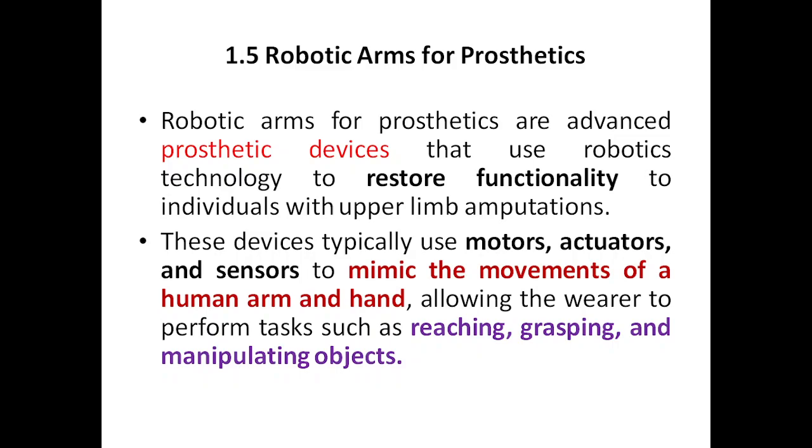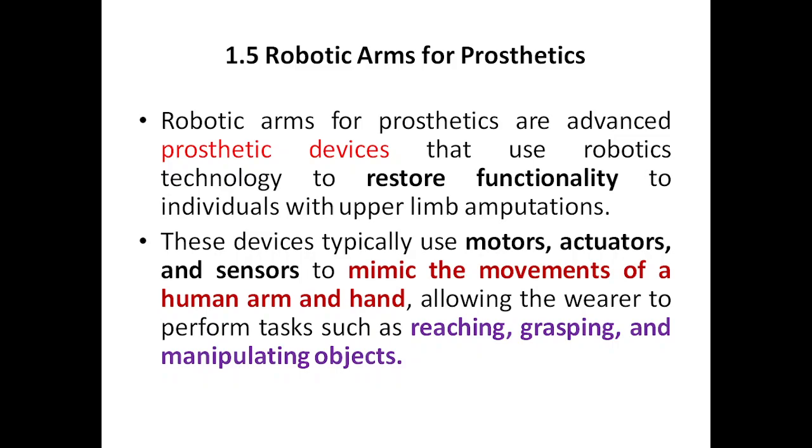We discussed how the brain works as a CPU, and then the architecture of the brain and how it compares with a CPU, right? Then we also discussed how signal processing happens inside the brain. Today we are going to discuss robotic arms for prosthetics.